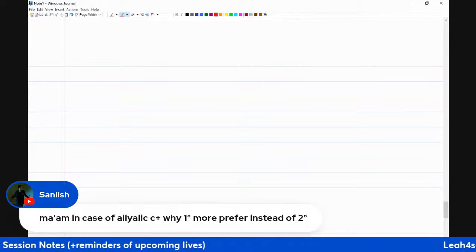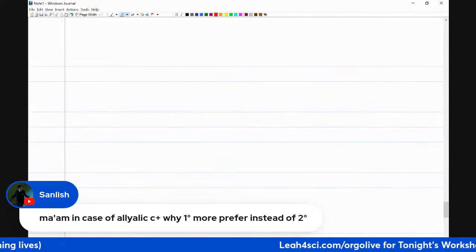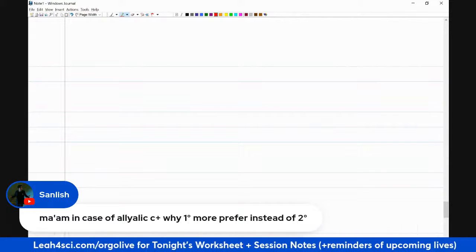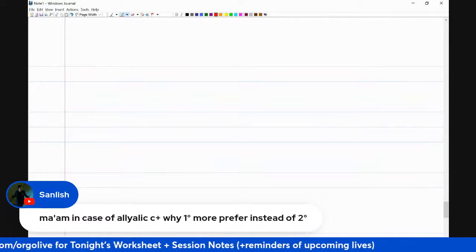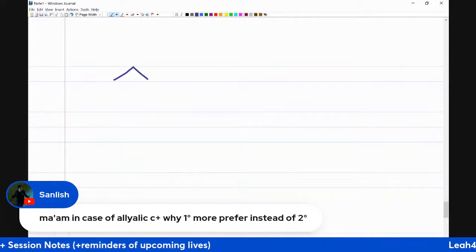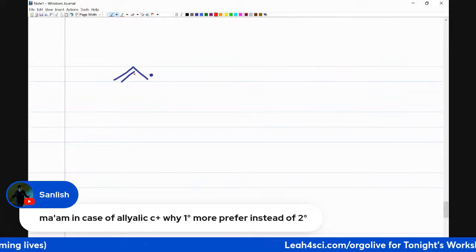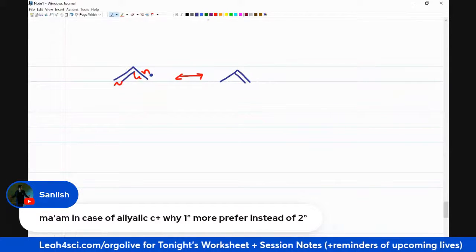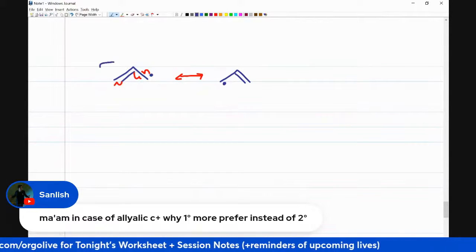Question. In the case of allylic, why is primary more preferred instead of secondary? A primary is not more preferred instead of secondary unless you're asking why a primary allylic is more preferred than secondary. And in that case, it looks something like this. If I have a radical here that's primary, it can resonate like this to give me another structure that helps share the burden of that radical that looks like this.